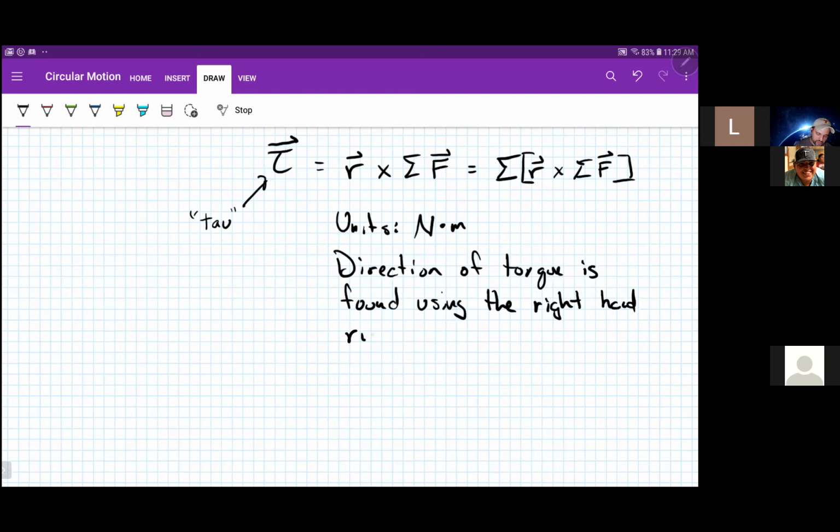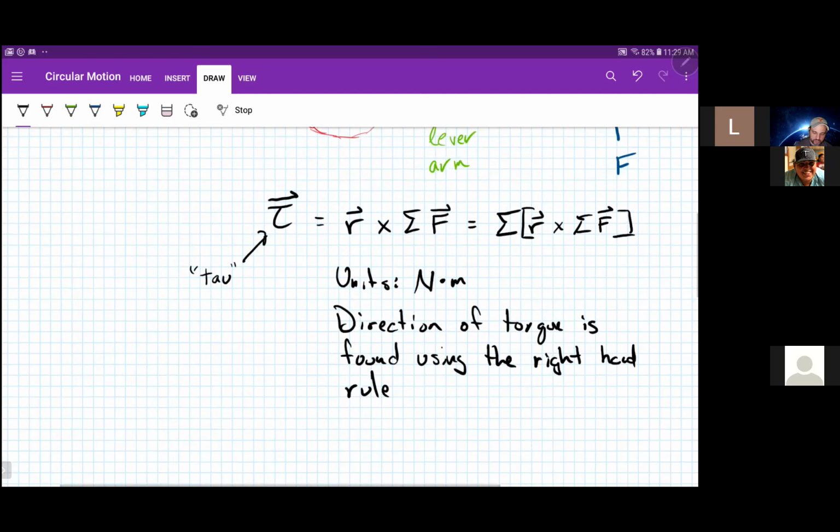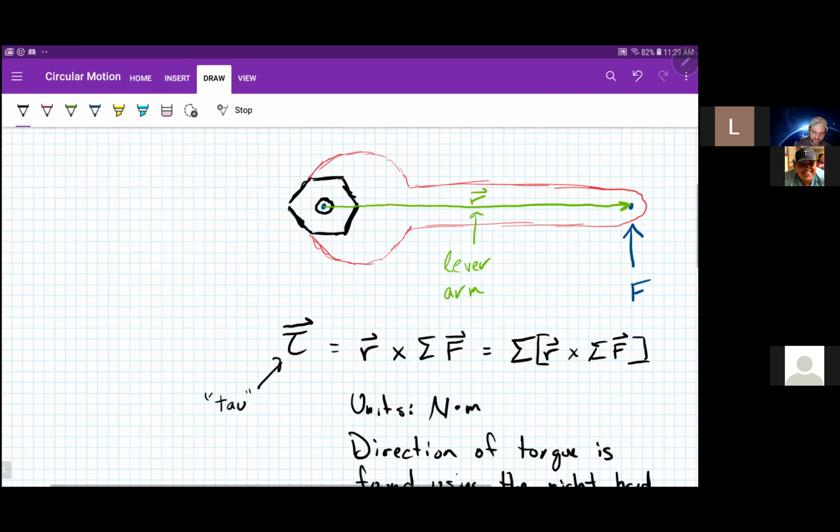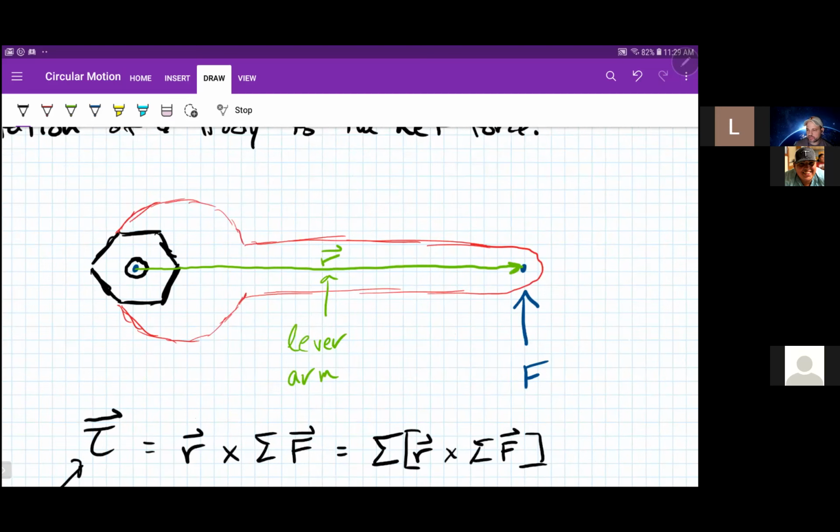What that direction tells you is where the axis is that the object's spinning around. Which in 2 dimensions is very obvious. In 2 dimensions, the axis that this nut is spinning about is going to come out of the page.